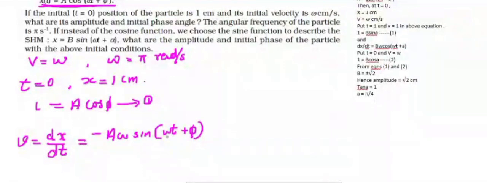First you have to differentiate the function. When you differentiate cos(omega t plus phi), you will get minus sine(omega t plus phi). Then again omega t you have to differentiate. Omega is constant, so the constant you can take outside, then dt by dt will be cancelled. So you'll get this equation.